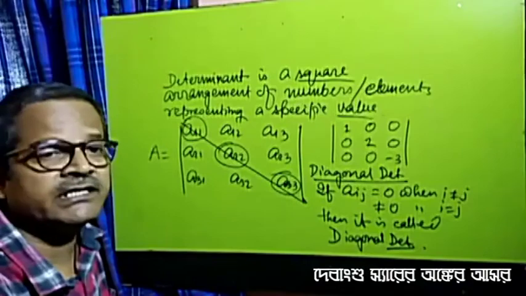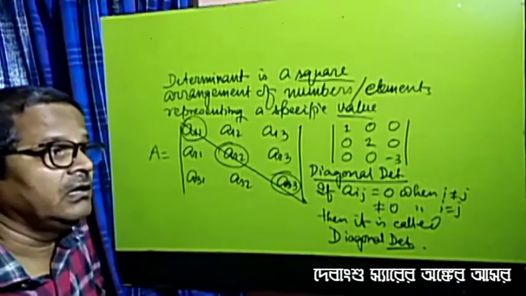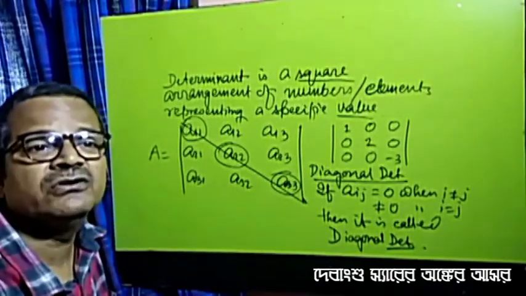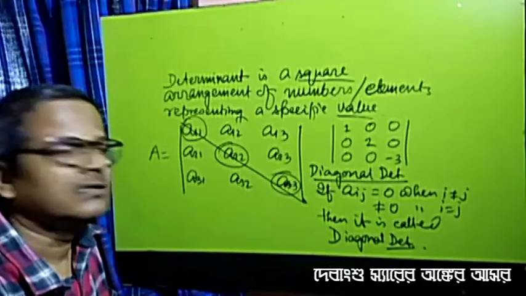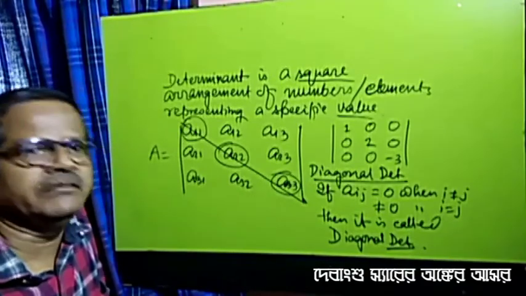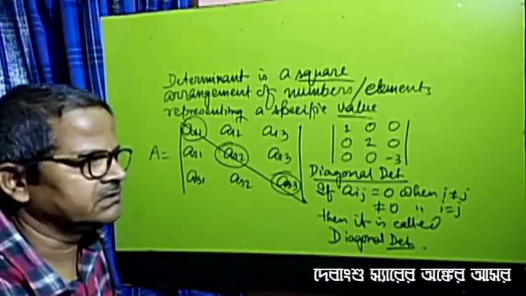So in a diagonal determinant, all diagonal elements are non-zero, but the non-diagonal elements are 0.